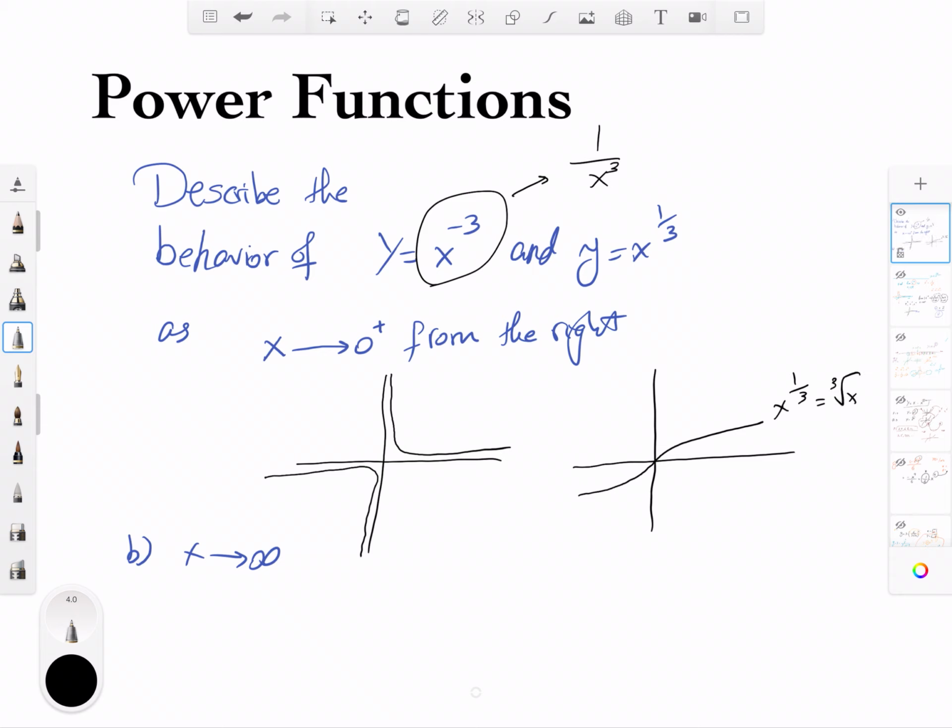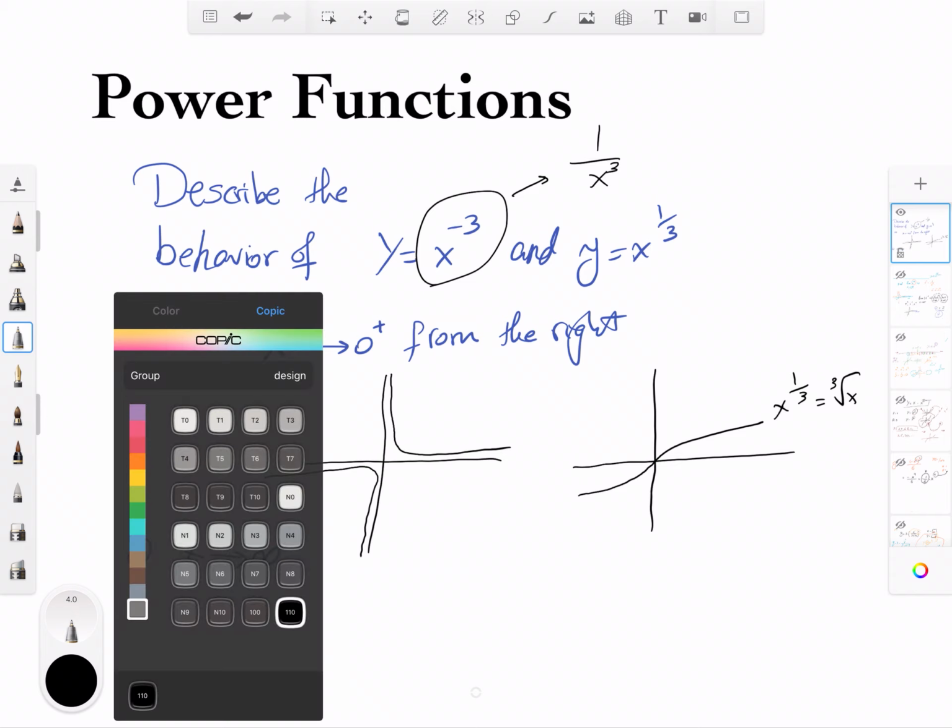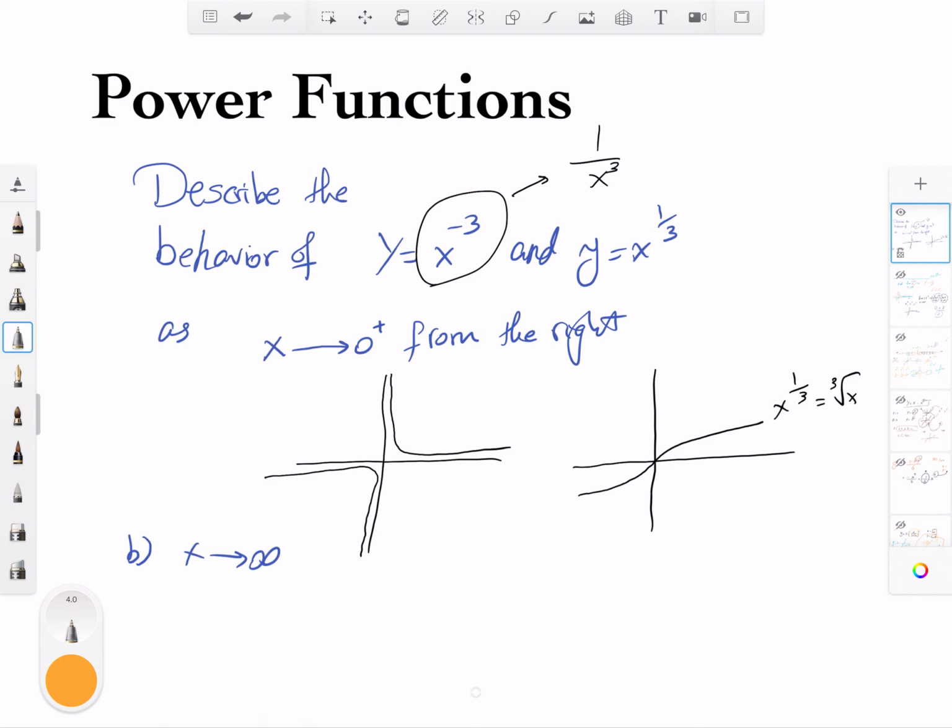So x goes to 0 plus. That means we are going from the right. We are getting to 0 from this direction. As we're getting closer to 0, this graph will go up. So this will go to positive infinity. For the cube root of x, when you approach 0, you will get to 0. So this will go to 0.